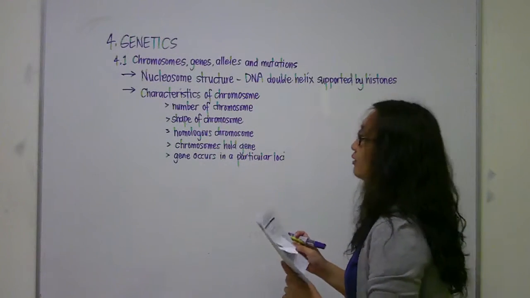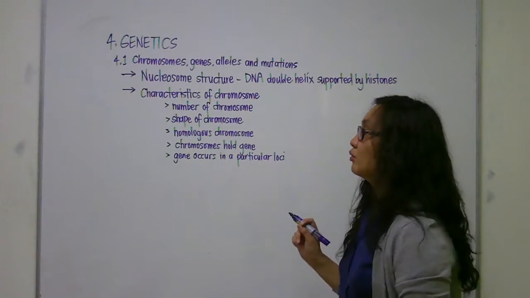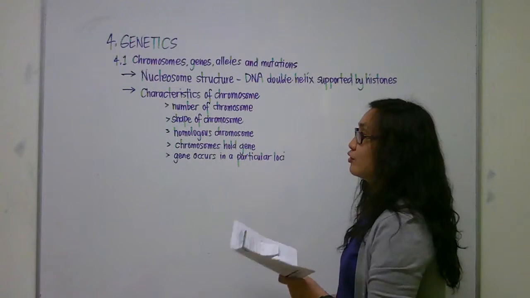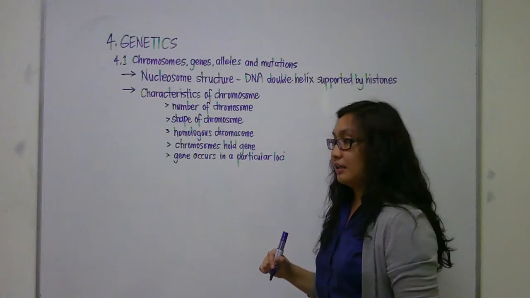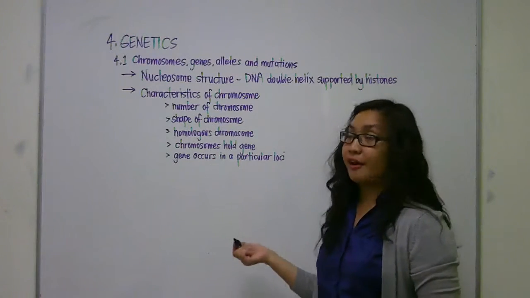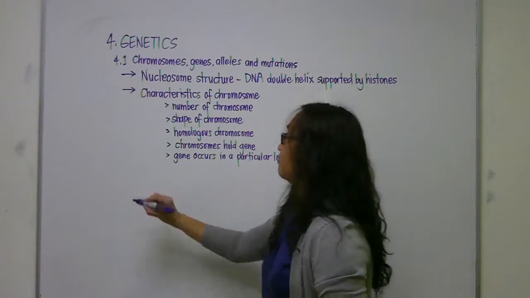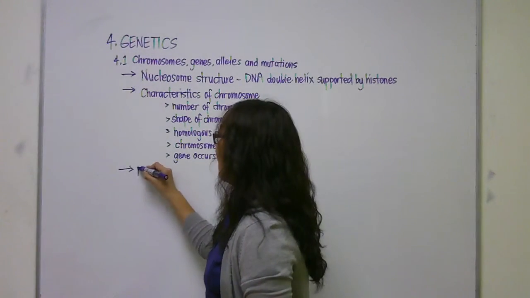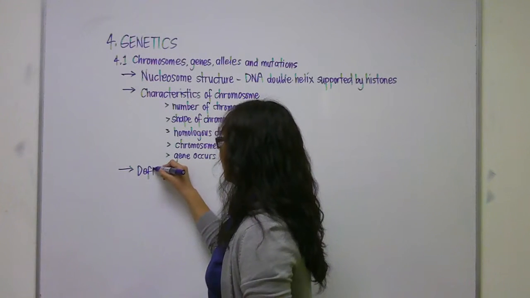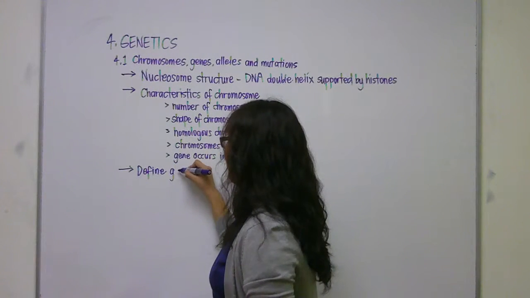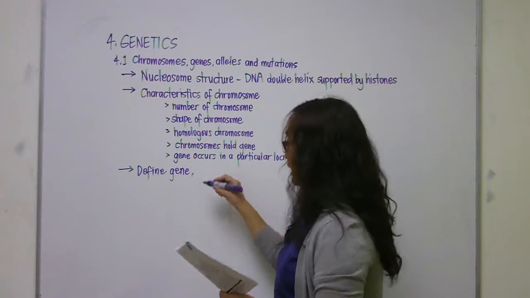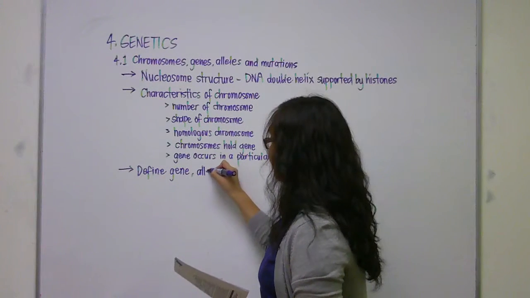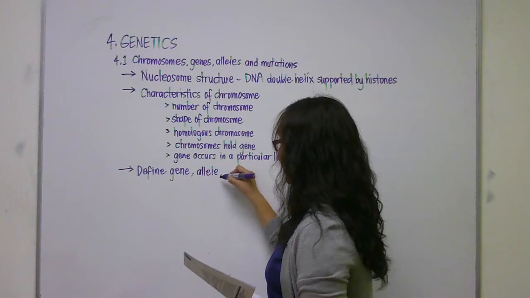Next, of course, we need to introduce some basic terms that are going to be used fairly often in the topic of genetics. You have to define what a gene is, the difference between genes, alleles, and genome.